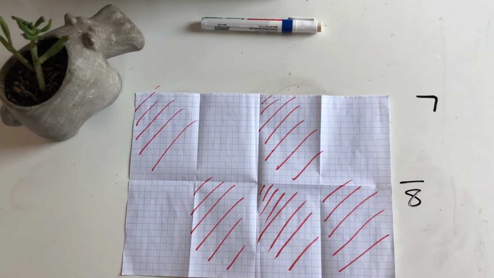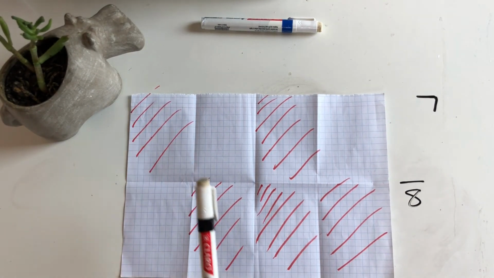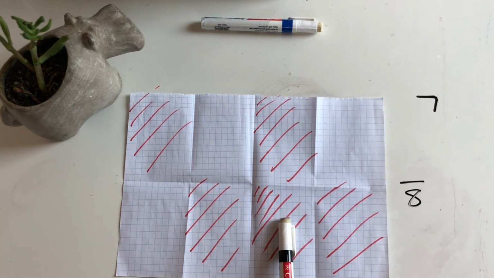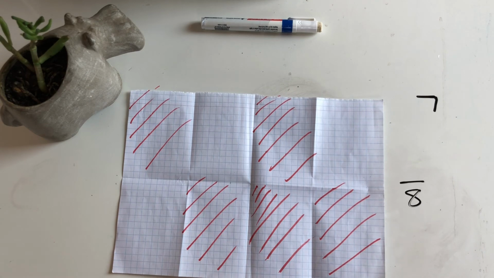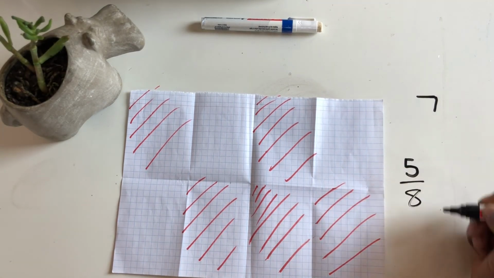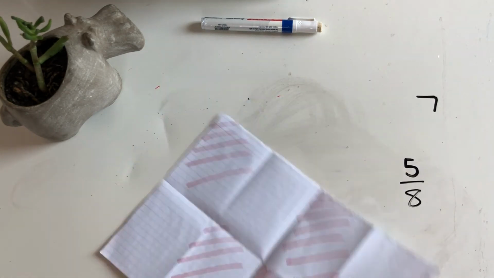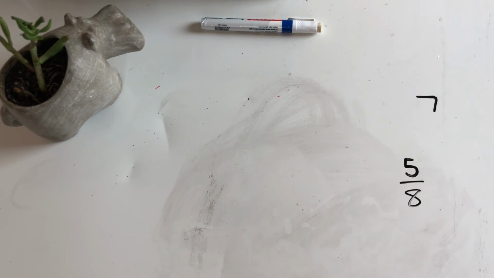So now how many have I shaded? I've shaded 1, 2, 3, 4, 5. Okay, so that is 5/8. Okay, brilliant.